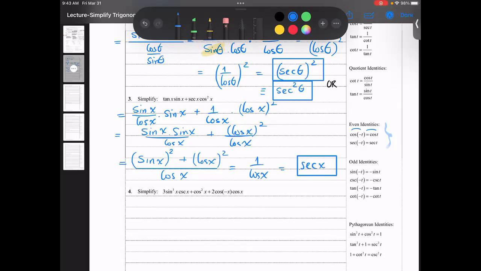Try number 4, as much as you can. I'm not expecting you to come up with an answer, but as much as you can.